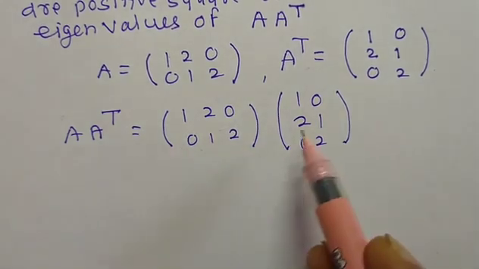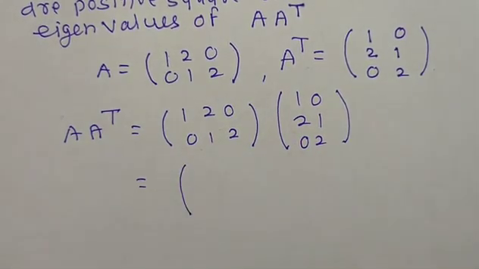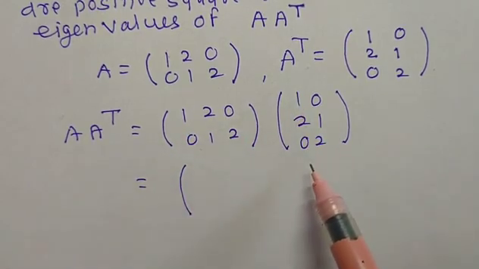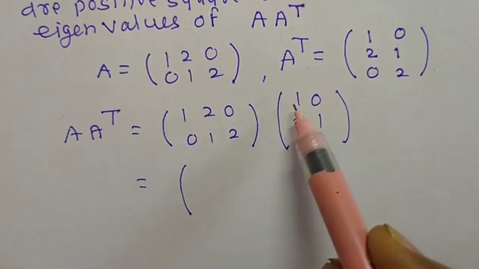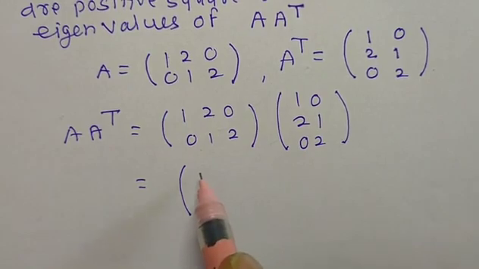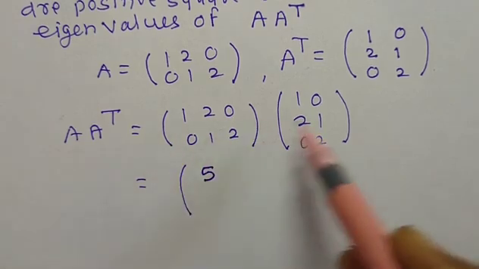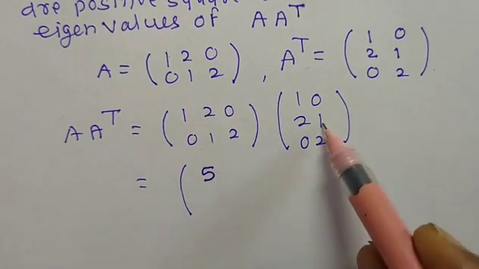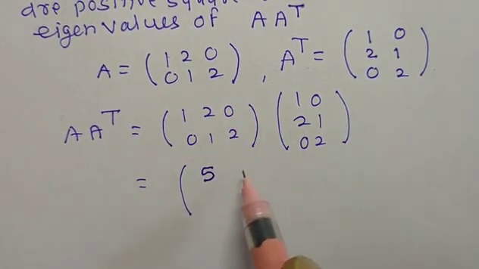Okay. This product. Now see friends, first row and first column, this product: 1 into 1 is 1, 2 into 2 is 4, 0 into 0 is 0. So 1 plus 4, that is 5. First row, second column: 0 plus 2 plus 0, that is 2.